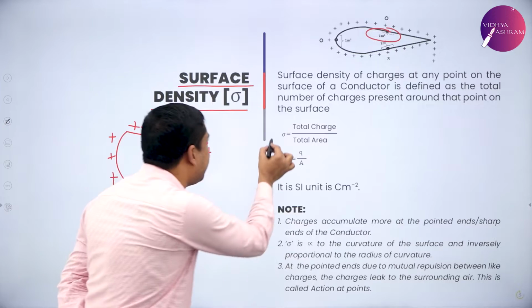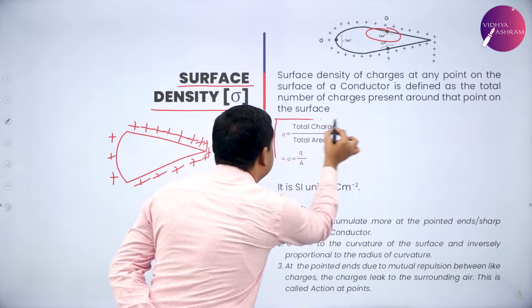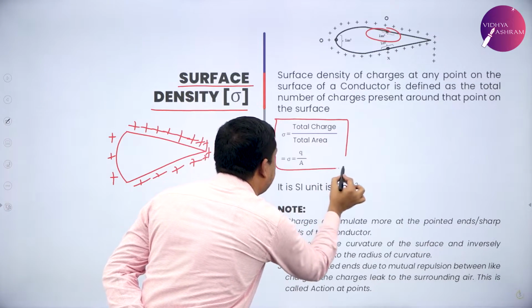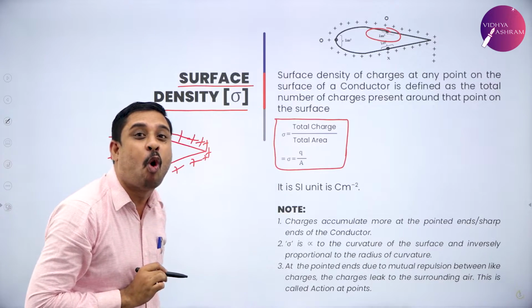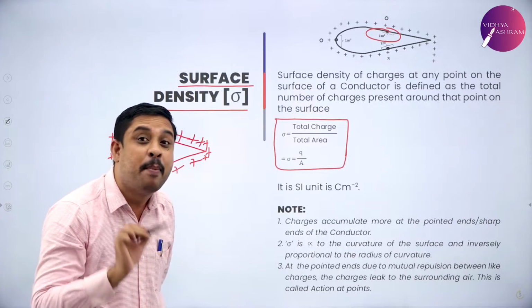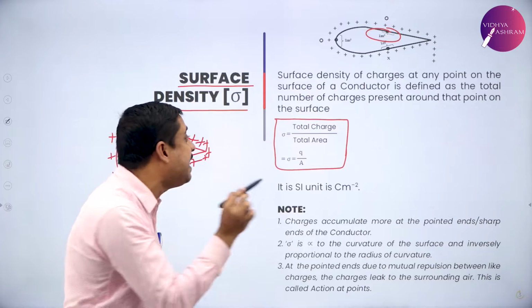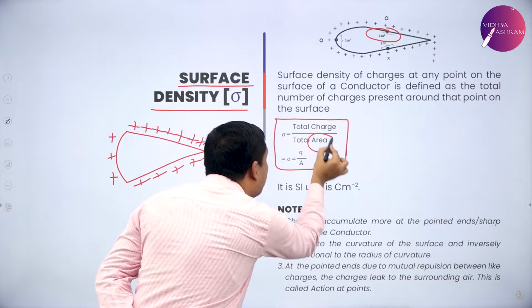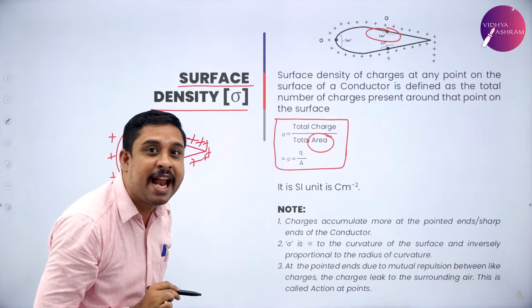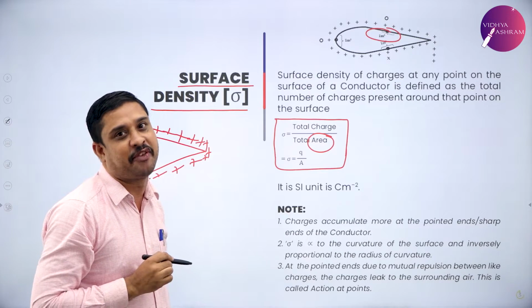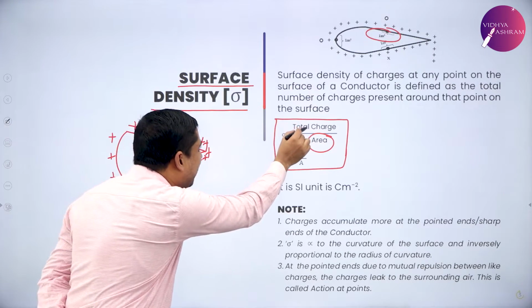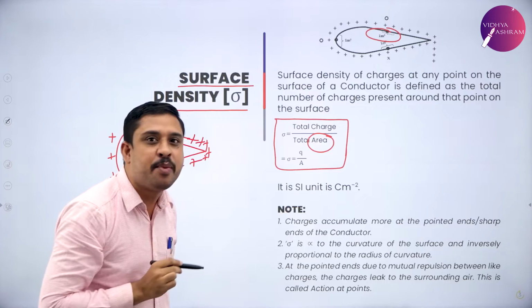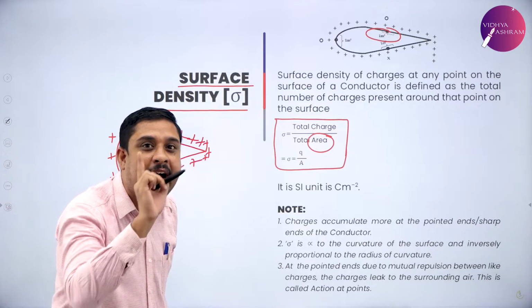So mathematically we say surface density is total charge by total area. This is the word which will differentiate this from the other two definitions. Total charge divided by total area.